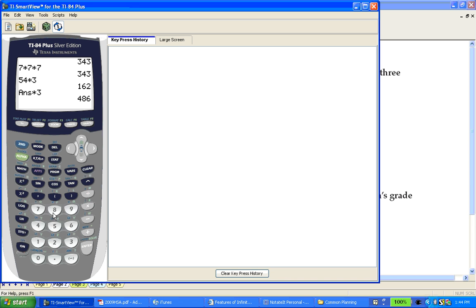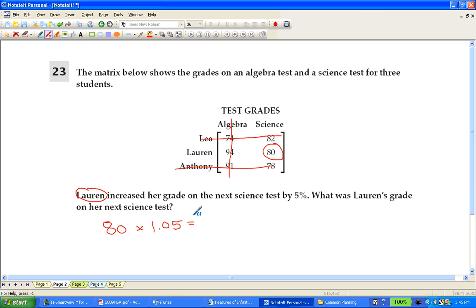So we have 80 times 1.05, 84. So her next grade on her science test is 84, and we would bubble that in because this is an SPR.